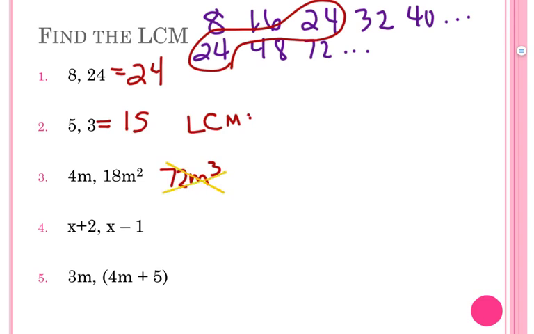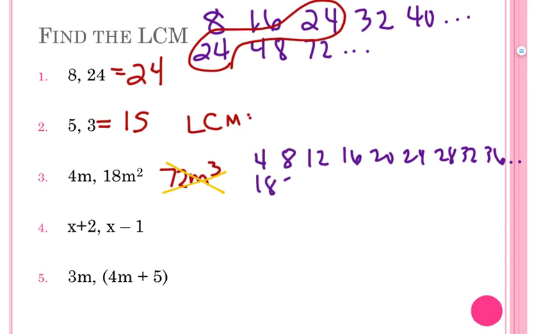so we can do better than that. We can look at multiples of 4: 4, 8, 12, 16, 20, 24, 28, 32, 36, and for 18: 18, 36. Well, there's one right there, so we stop as soon as we get a common multiple.